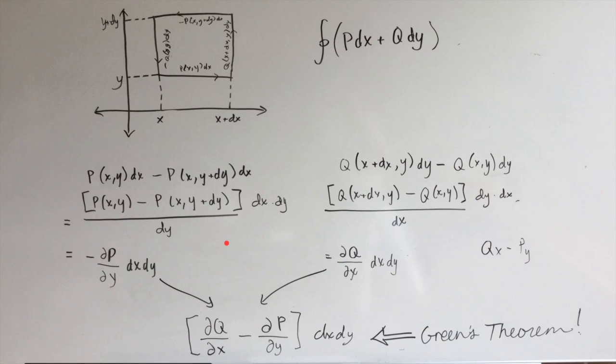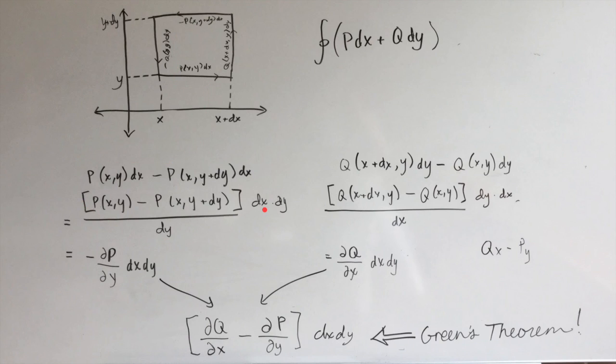Okay, so how do we get Green's theorem in the first place? I think it's easiest to look at a simple example where we are trying to find the line integral on this closed rectangle, and the circulation is going this way. Basically, you take the P components and write them out like this.